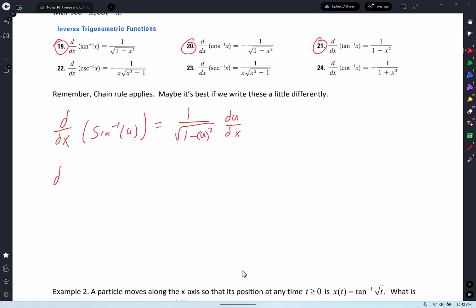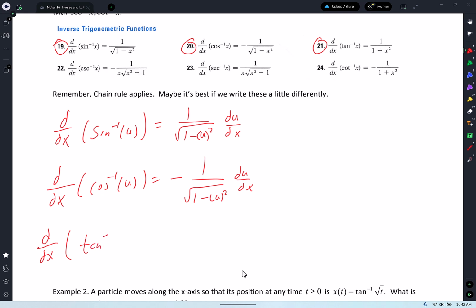Okay. ddx of arc cosine of u is negative 1 over square root of 1 minus u squared du dx. ddx of arc tan of u. Khan Academy has it as 1 over x squared plus 1.